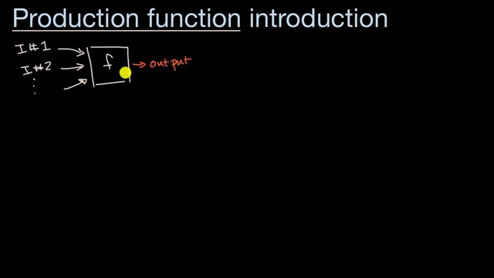We can also describe it a little bit more mathematically. Those of you who remember your Algebra 2 might recognize this, where we could say the output, often the letter Q is used in economic circles, is going to be a function of the various inputs. So I'll put input number 1, input number 2, and you could have as many inputs as is necessary to produce that good.